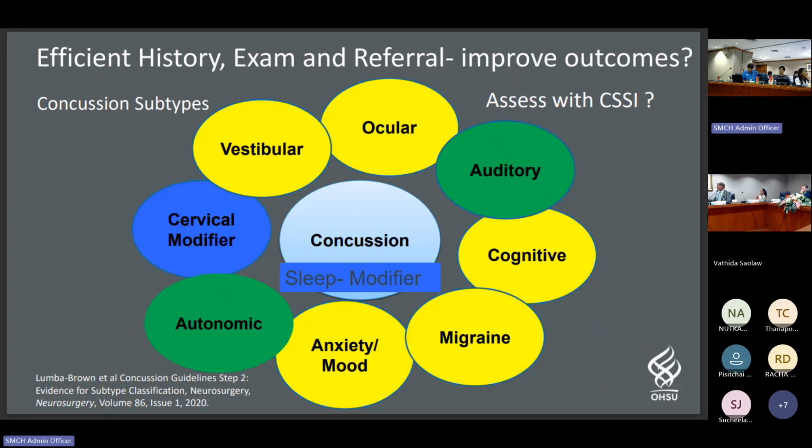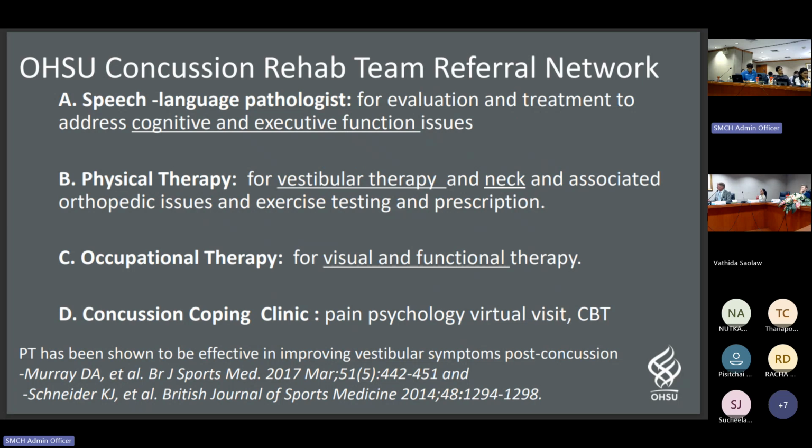Again, you remember our areas in yellow, and this is where we recommend our referrals to therapy. For speech language pathology, they focus on cognitive and executive function issues, and of course, those are the issues that may keep them from getting back to school or work.